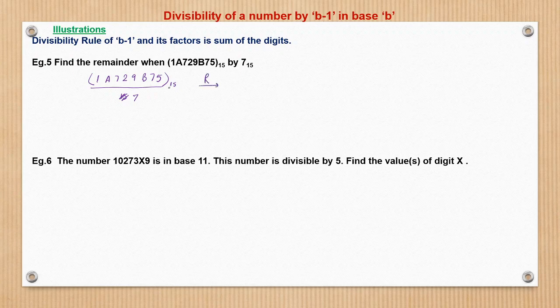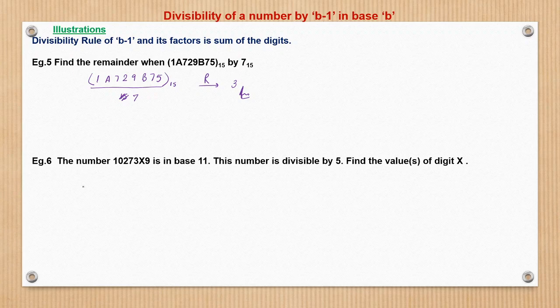Since 15 is the base, if the divisor is 14 or its factor, the divisibility rule is the summation of the digits. The summation of digits: 1 plus A, which is 10, is 11, then 11, 7, 18, 20, 29, 29 plus 11 is 40, 40 plus 7 is 47, plus 5 is 52. 52 by 7, the remainder would be 3.